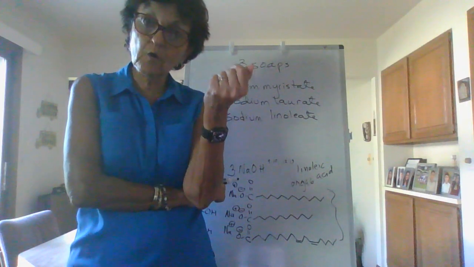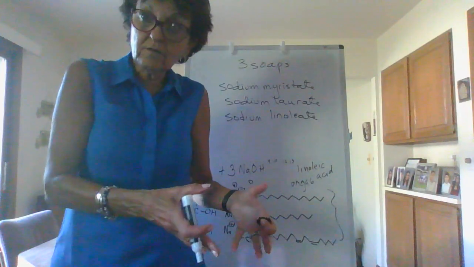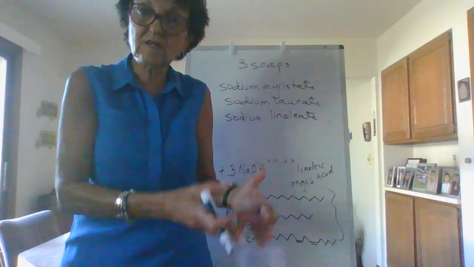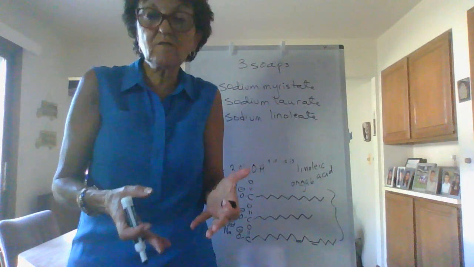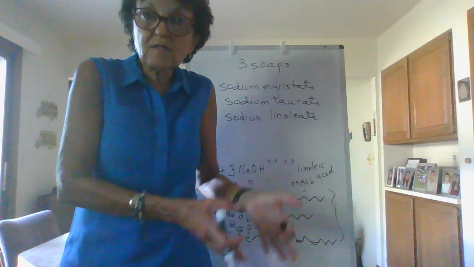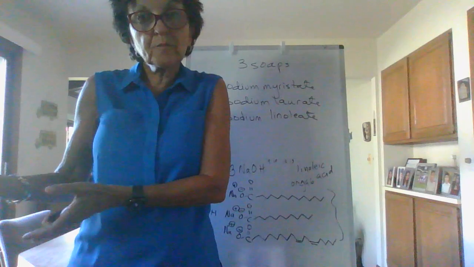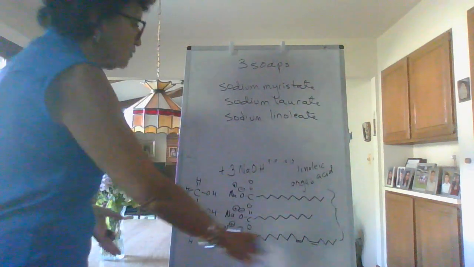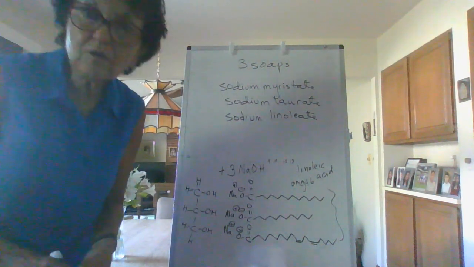How do you make soap? You get an oil with a bunch of triglycerides in it, and you boil it with sodium hydroxide, and what do you end up with? You end up with glycerol and soaps. So how do these soaps clean your hand?